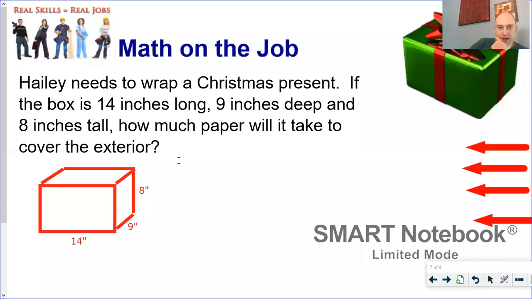Or you can do it as basically a series of A1 plus A2 plus A3 plus A4 plus A5 plus A6. Your 6 different areas. And whether you call them A1 through A6 or you call it area of the front, area of the back.